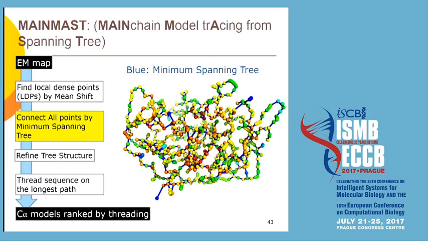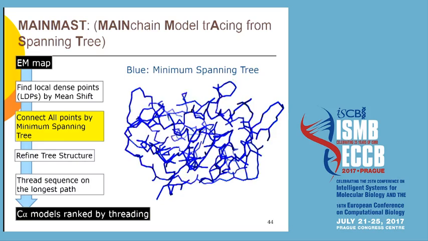To connect these points, we use a minimum spanning tree. Minimum spanning tree seems to be a good algorithm to do it, because usually I still have lots of dense regions, and connecting them to the neighbors will result in tree structures. Now, this is only looking at the tree structures.